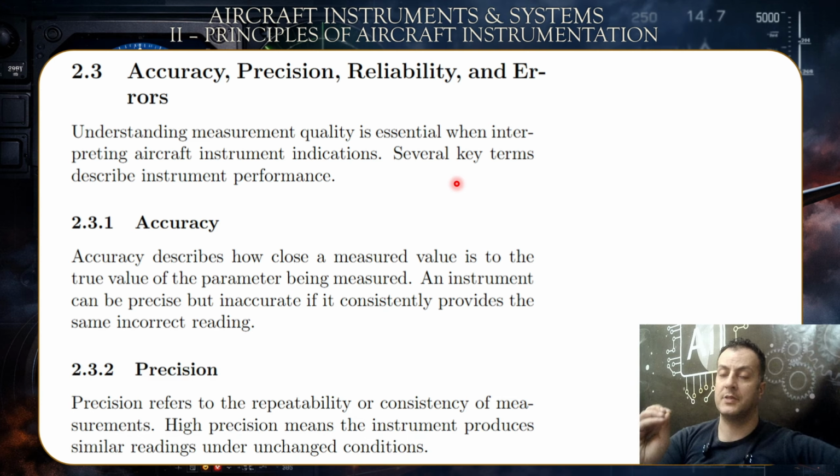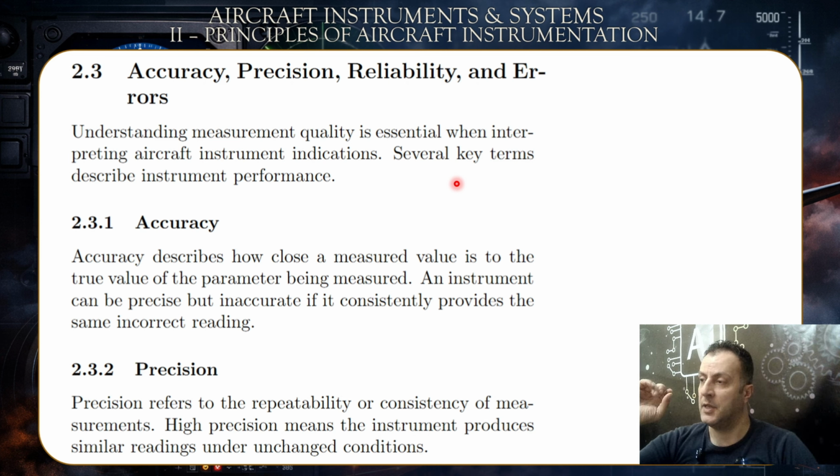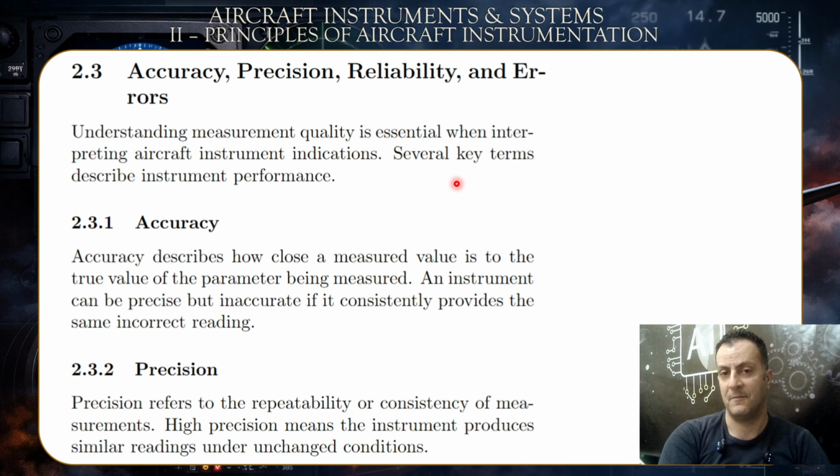At times you would have an excursion, a difference or a gap between the actual value of a parameter being measured, such as the airspeed within the airspeed indicator. You'd have a difference between the airspeed being displayed and the actual airspeed, which is the actual speed of the airplane.